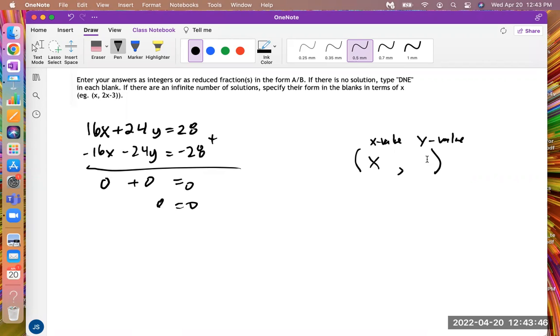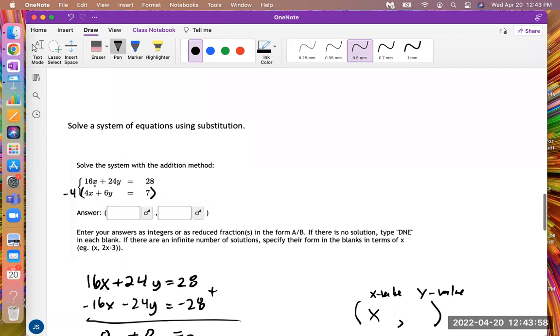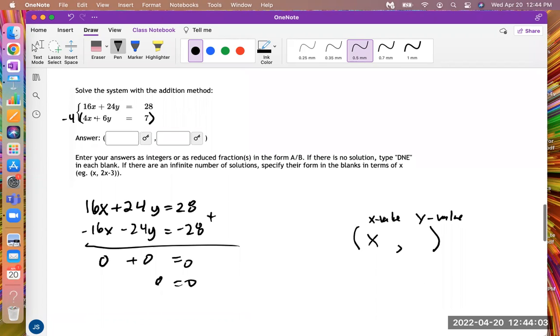And then, because it's the second one, they say let the y value be whatever we solve for y to be in that situation. So we choose any one of the original equations and solve it for y. I'm going to choose the second one because it has smaller numbers. So we have 4x plus 6y equals 7.